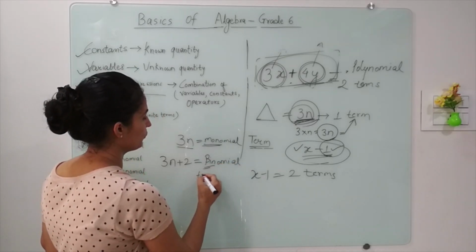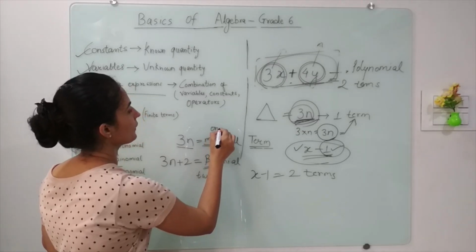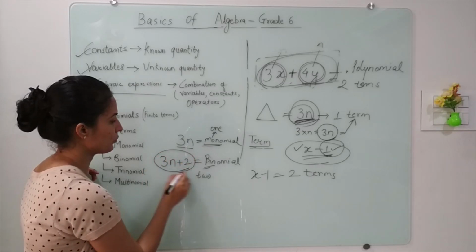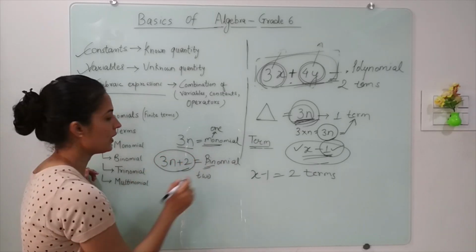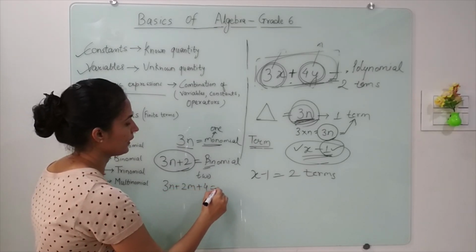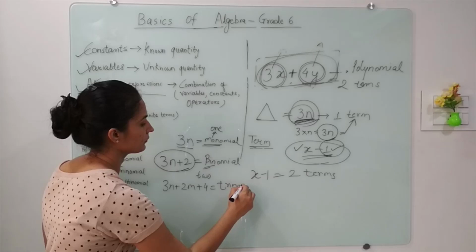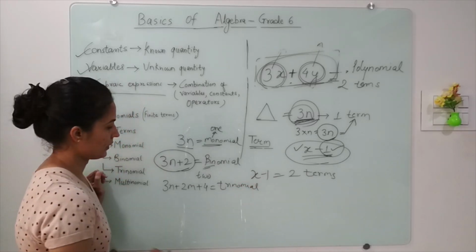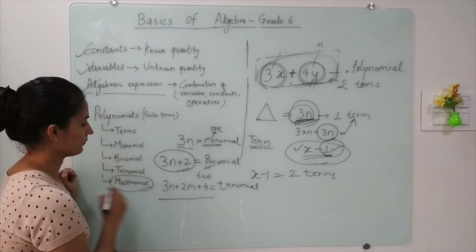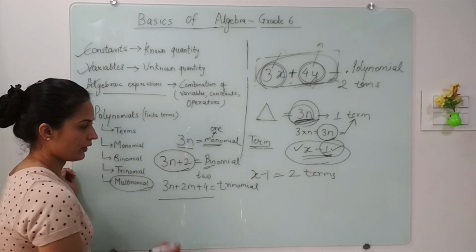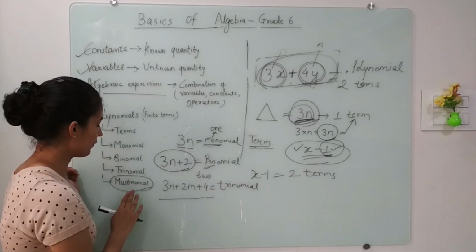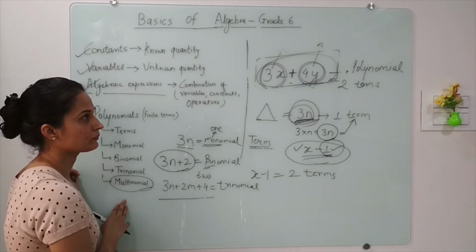Bi means 2. If the expression has three terms, then we call it a trinomial. If there are more than three terms, we call it a multinomial.